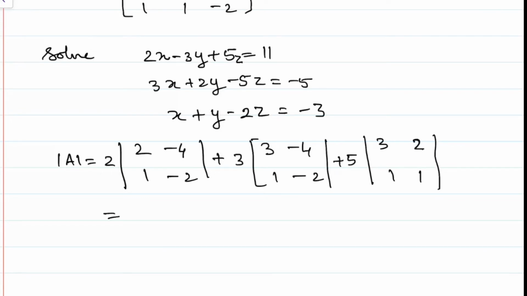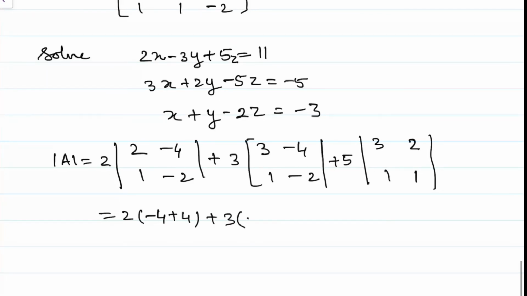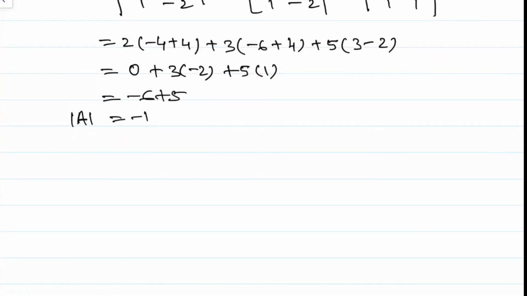So it will be equal to 2 into (minus 4 plus 4) plus 3 into (minus 6 plus 4) plus 5 into (3 minus 2), which is 0 plus 3 into minus 2 plus 5 into 1, minus 6 plus 5. Determinant of A equal to minus 1. It means that A is a non-singular matrix. It means that we can find its inverse.